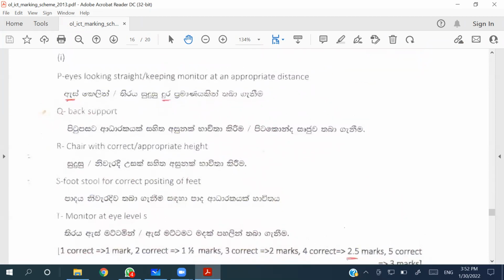So go through whether you got it correctly. And the R says chair with correct, appropriate height, right? Not the seating matter.